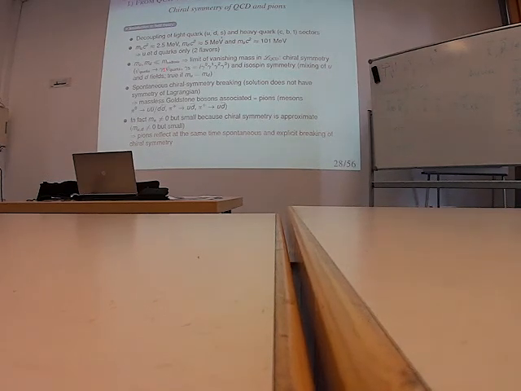Look, masses are here. Only a couple of MeV mass energy for the lightest 2, which are the U and D quarks, and much more for the strange quark. So we can work with 2 flavors, U and D.